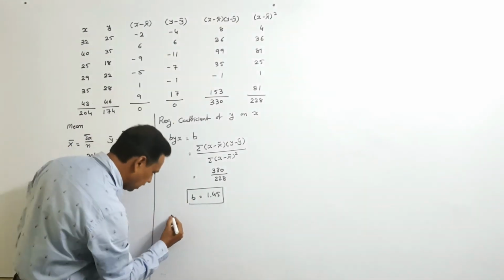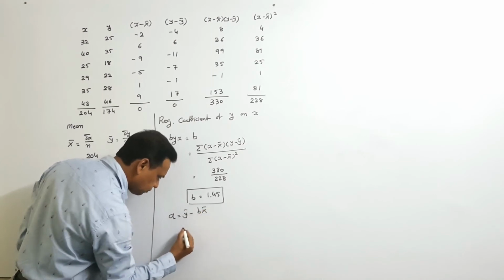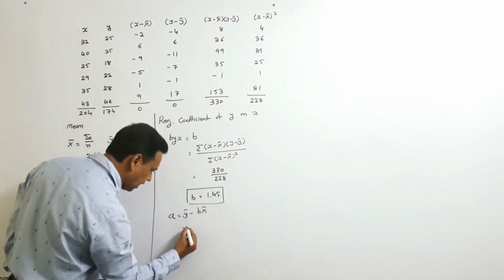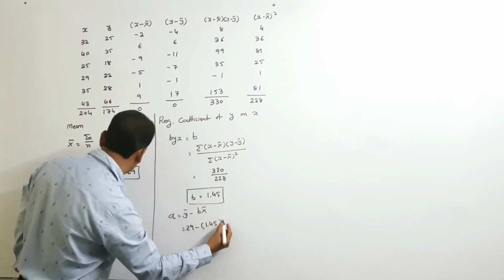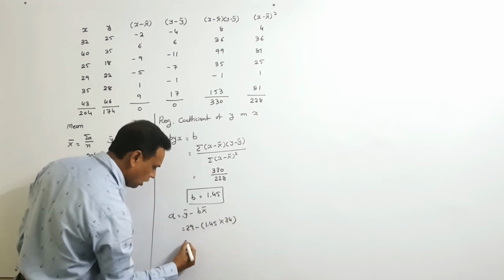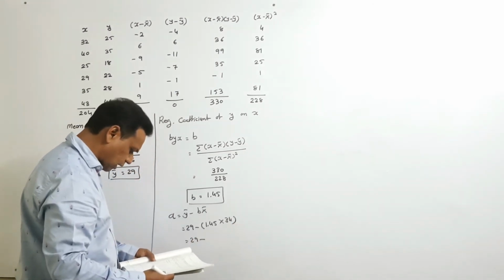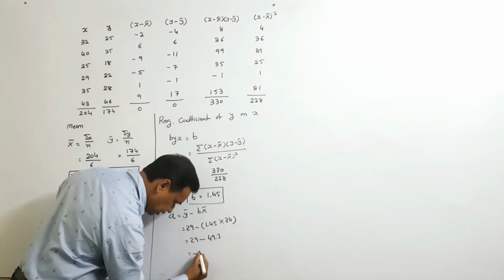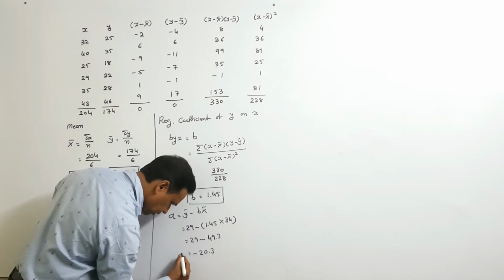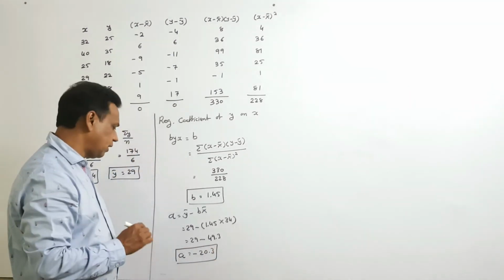Now we are able to find out a. So a is equal to y bar minus b x bar. So y bar कितना है हमारे पास? 29. b आपके पास है 1.45 और x bar आपके पास है 34. So now 29 minus 1.45 into 34, and the amount is 49.3. The answer is minus 20.3. So a is equal to minus 20.3.